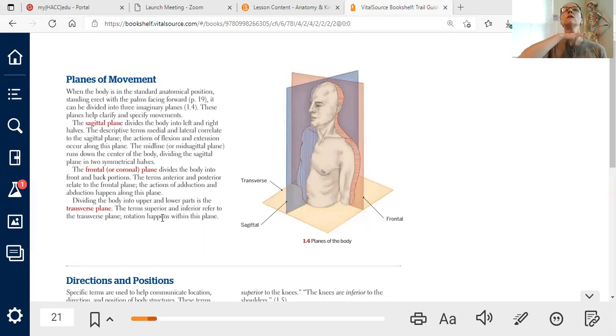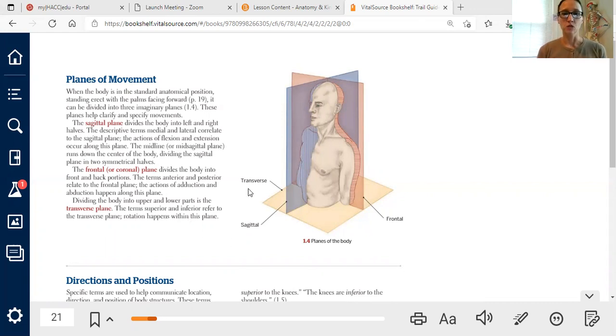You can't do flexion. You can't go back or extension. You can't really go side to side because this is holding you in place. But what you can do is this. You can rotate from side to side. So rotation occurs within the transverse plane.